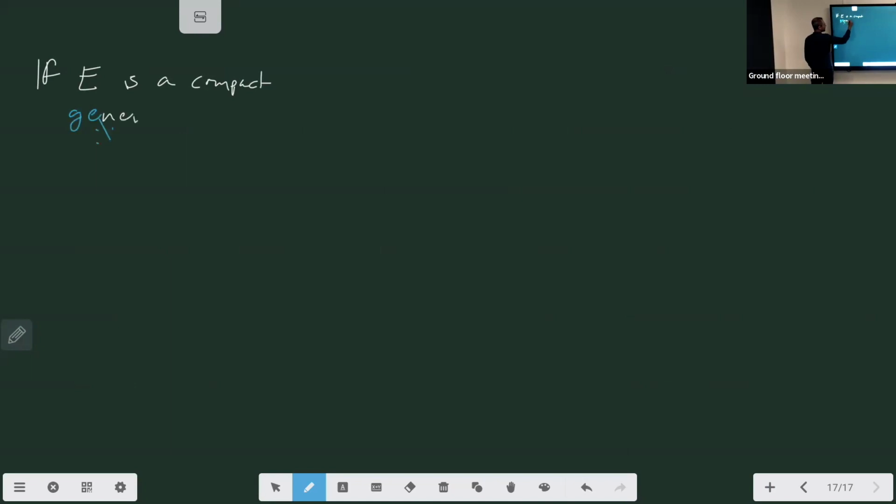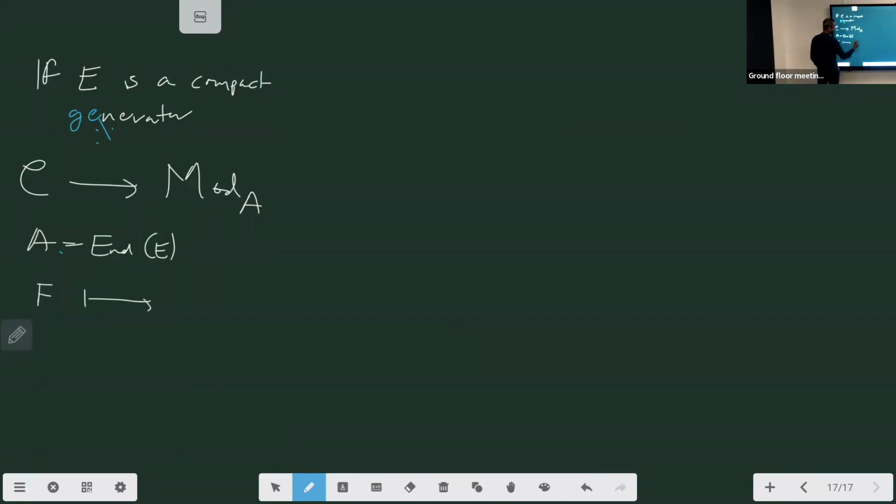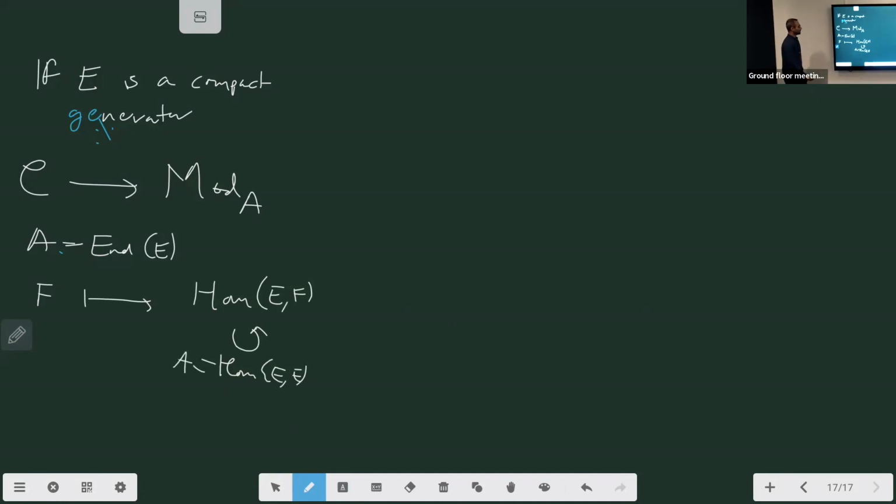So if E is a compact generator, then we get a map from C to modules over A, where A is the endomorphisms of E, by sending an object F to Hom(E, F), on which you have an action of Hom(E, E) by just precomposition, which is A. So the statement is that this is an equivalence.